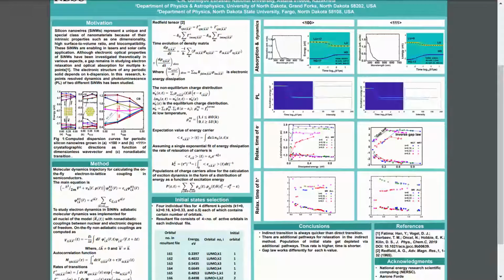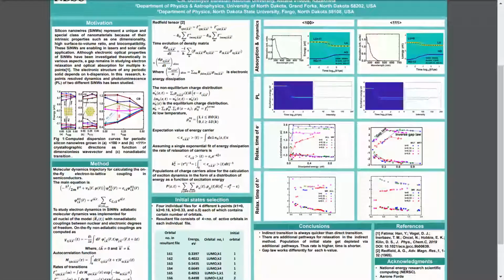So as you can see, this is the band structure of 2 silicon nanowires. We are considering silicon 001 and 111. Since we are considering more than 1 k-point, as you can see on the rightmost panel, there are 2 kinds of transitions, momentum restricted and momentum unrestricted.